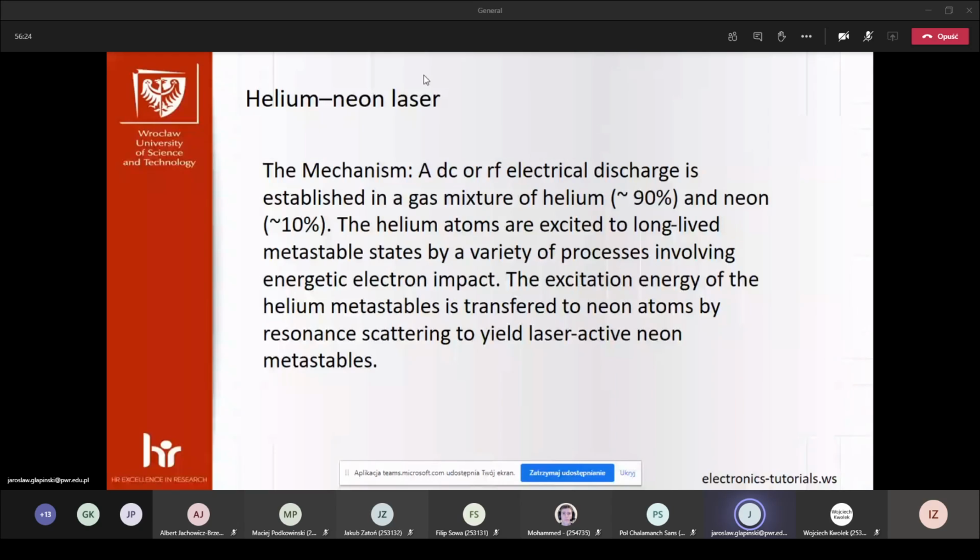Generally, we can have solid substances, liquid substances, or gas. The first laser was a gas laser. It was a mixture of helium and neon. And why did they use a mixture of neon and helium?